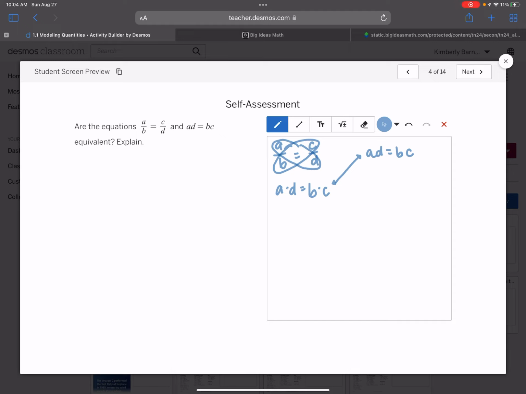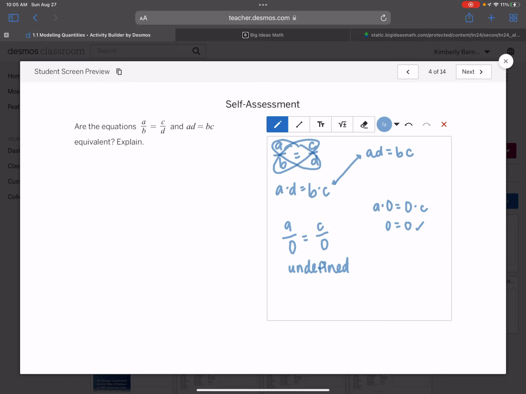The only thing I want you guys to think about is we have fractions, right? And what is the one instance where a fraction does not work? And it's when we have 0 in the denominator. This would be undefined, right? But in my second equation, if I made D or B 0, that would just be 0 equals 0, right?